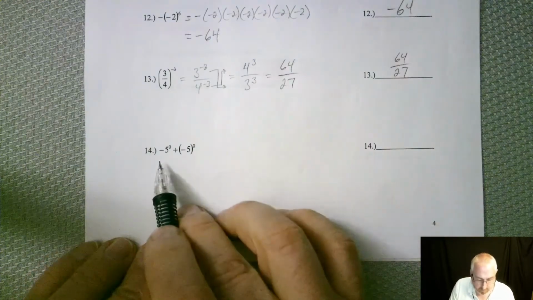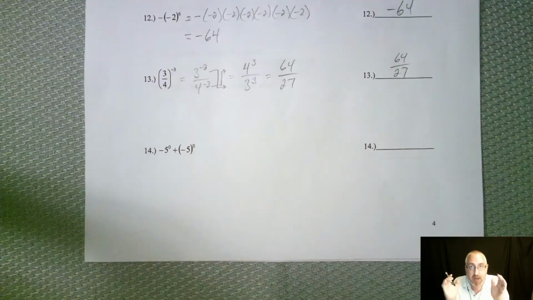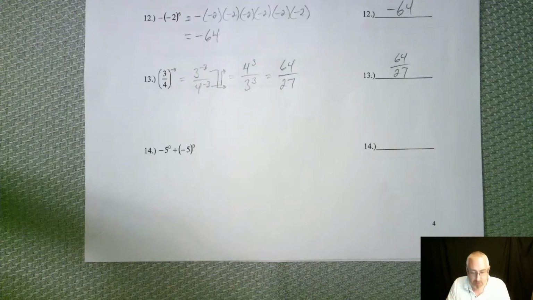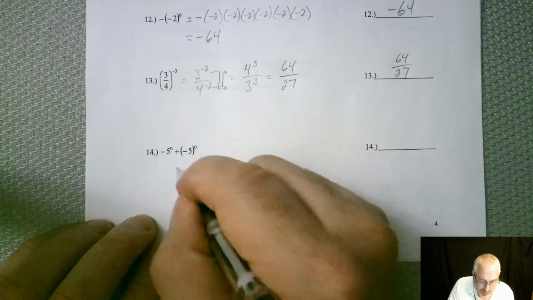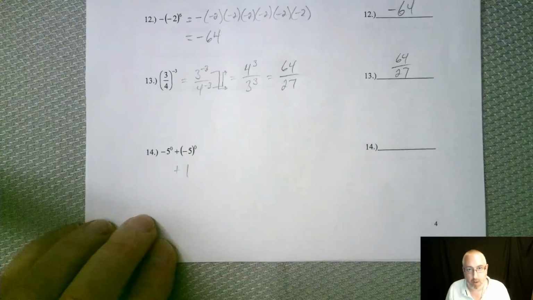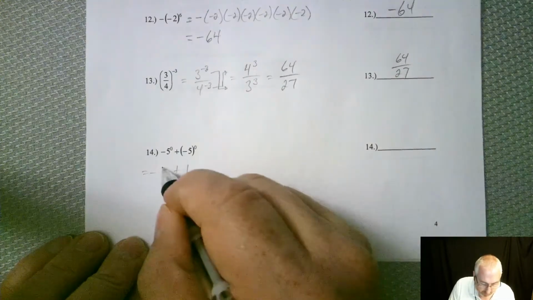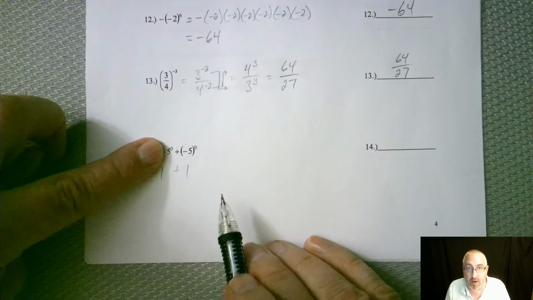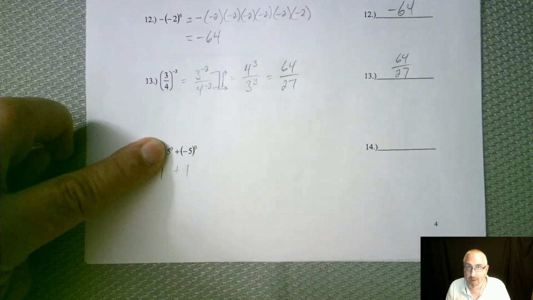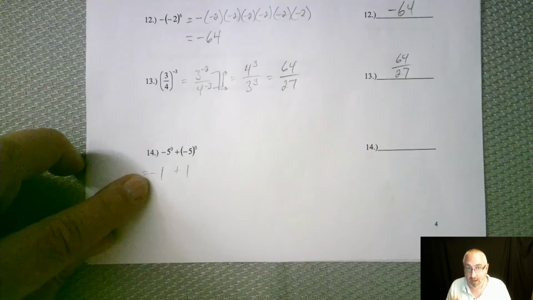Well, because the parentheses are encapsulating that negative sign, this whole thing is raised to the 0 power, so this is equal to 1. The other one is equal to negative 1, because you have to treat that negative after you apply the exponent, because it's like subtraction. So 5 to the 0 is 1, but the negative makes it negative 1.